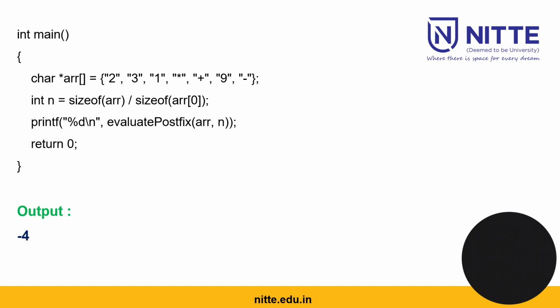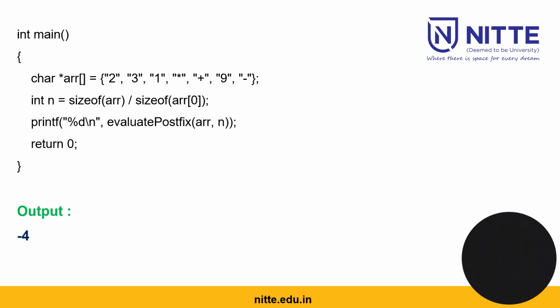Then we will write main here. It is a character array and it contains the values 2, 3, 1, star, plus, 9, minus. I will take the size of the array divided by the size of array of 0. If I calculate this, I will get the number of elements in the array, that is n.